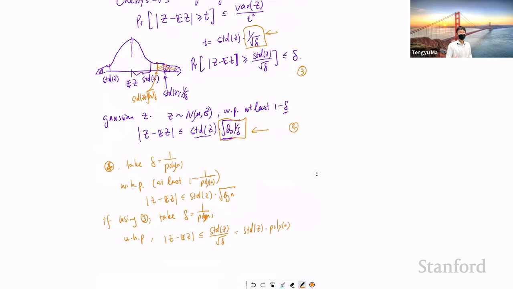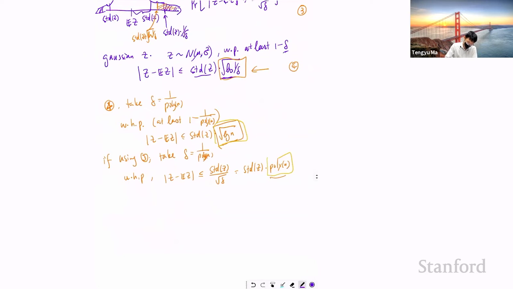So there's a big difference between the additional factors here. If you compare these two factors, you have a big difference. That's why we want the so-called faster tail, the smaller tail, like in inequality 4 instead of inequality 3.